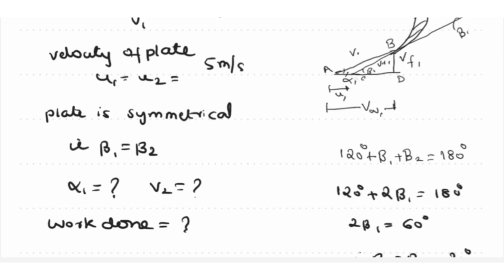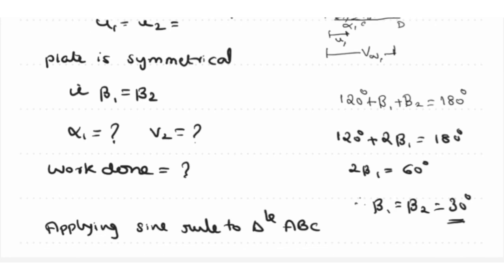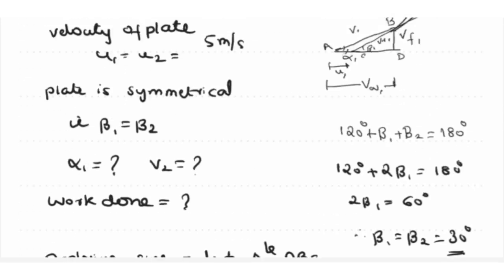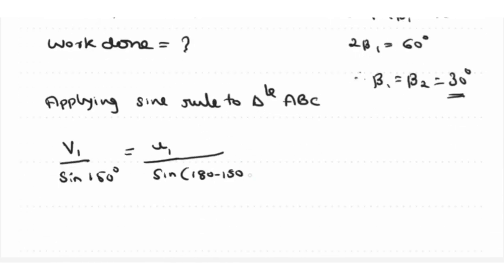So angle ABC is nothing but 180 minus alpha 1 minus 150. So 180 degrees total angle minus 150. Hope you know what is 150. 150 is this angle ACB minus alpha 1. So we'll substitute the value.